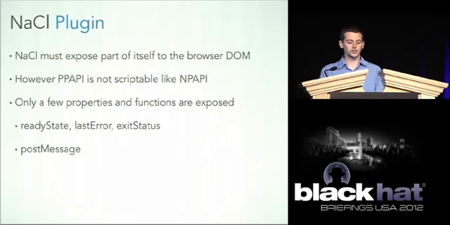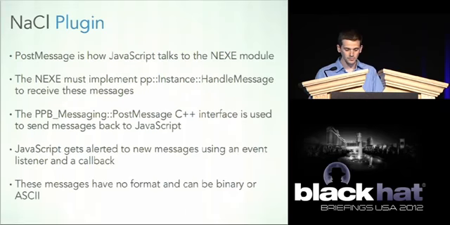And then you have this function called post message. Post message is sort of the most important part of how PPAPI plugins communicate with JavaScript. Post message basically just takes an opaque blob of data and sends it down. So for a Nexi module to be able to talk to JavaScript, it needs to implement a few interfaces.